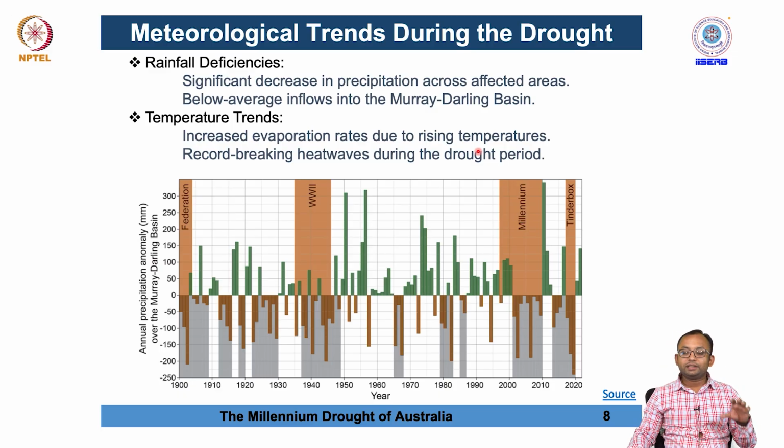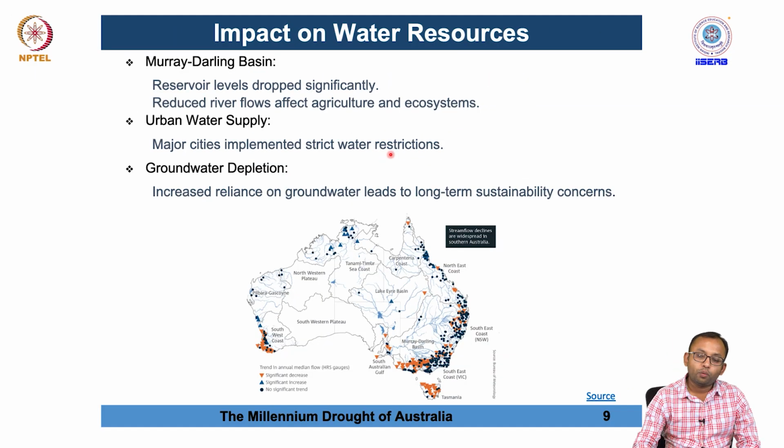Therefore, this is one of the regions where we have observed very significant drought conditions. What was the impact on the water resource? We have already discussed that there were many reservoirs, in particular in the Australian region, where a significant decline of the stream flow was observed, and the reservoir levels dropped significantly.